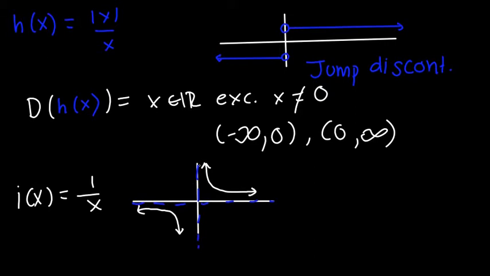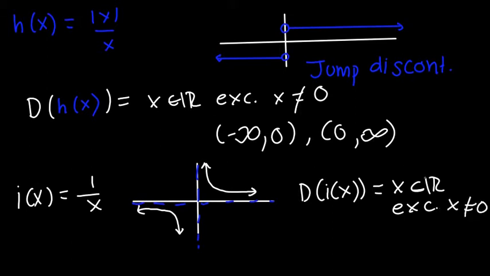That means it never touches x equal to 0, so we have a discontinuity at x equal to 0. The domain of I of x is x is any real number except x cannot be equal to 0. It's exactly the same as for h of x, with the same interval notation. You can just take note of that.